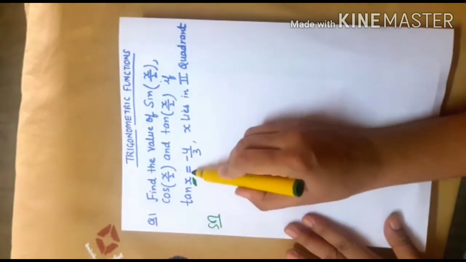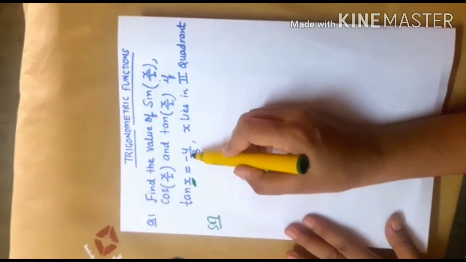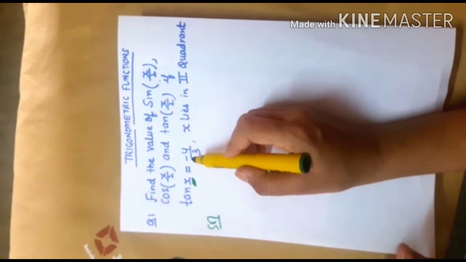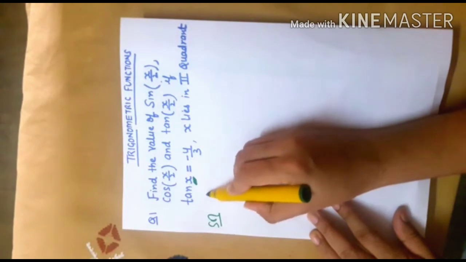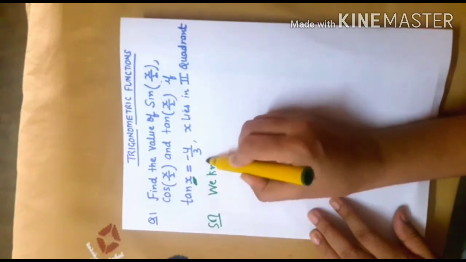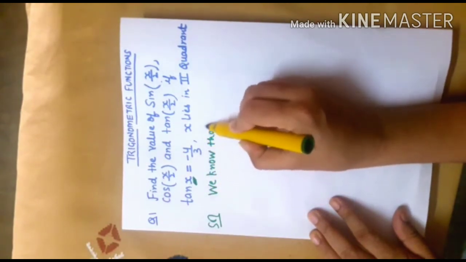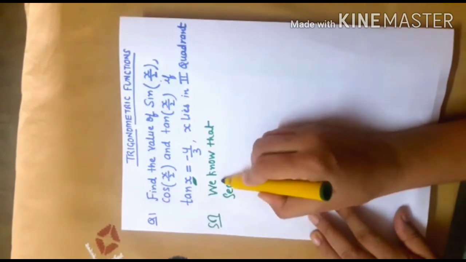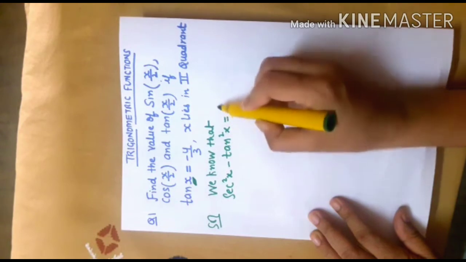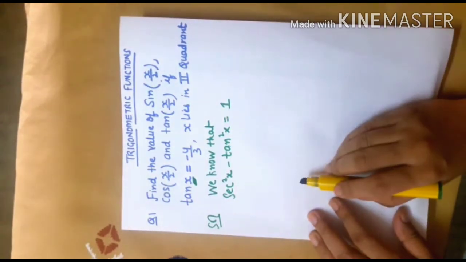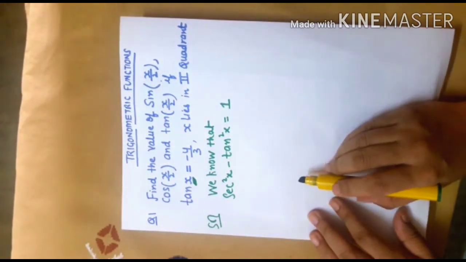I'm given tan x equal to negative 4 by 3. So first I'll find out cos x. We know that secant square x minus tan square x is equal to 1.